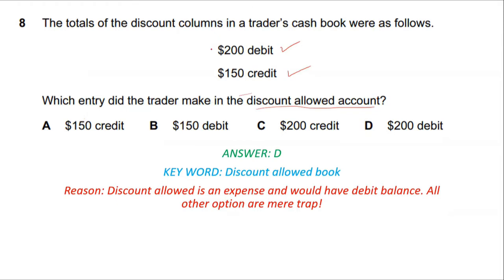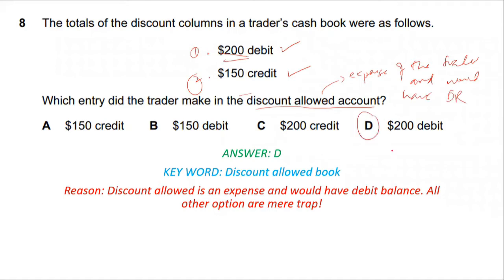You see two entries here, and you need to determine which one is for discount allowed. Discount allowed is an expense of the trader, and would have a debit balance. So that would be $200 debit. So option D is the correct answer for multiple choice 8.